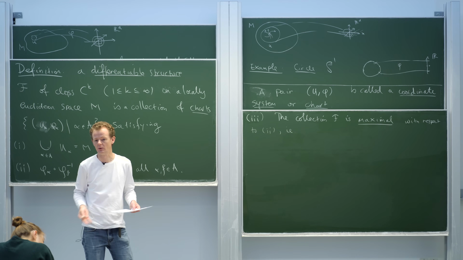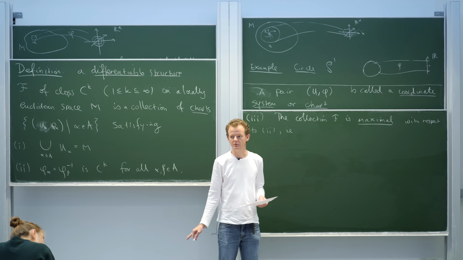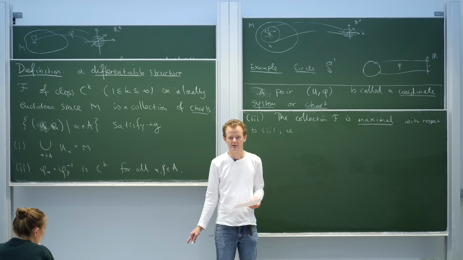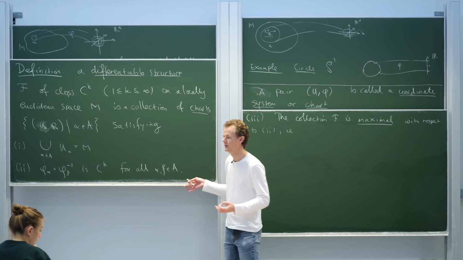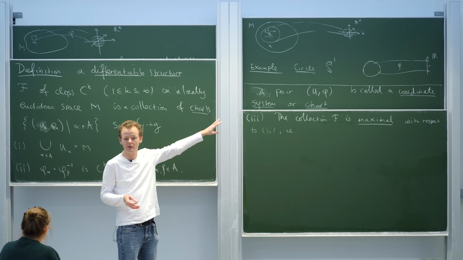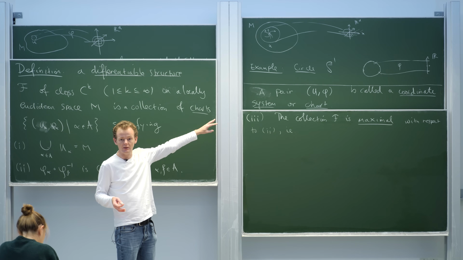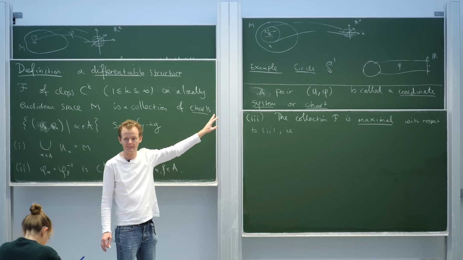You can't add in another one. So this is not the way we usually do differential geometry in physics. Usually in physics, you just get enough coordinate systems to cover your space. Like the circle, you only need 2 coordinate systems, as it happens, to cover the whole circle. And then you just do maths and calculations with respect to these 2 charts.